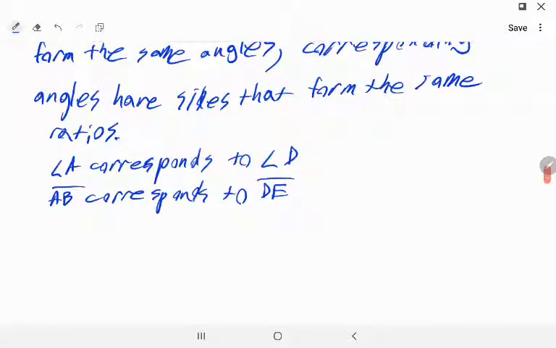And so what we're noticing is that we've got some fundamental properties of similar triangles.